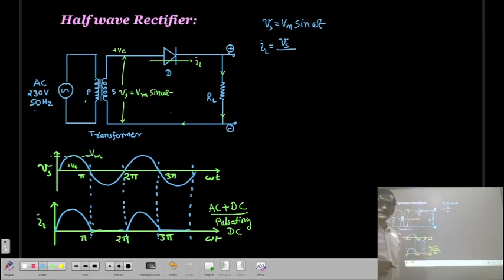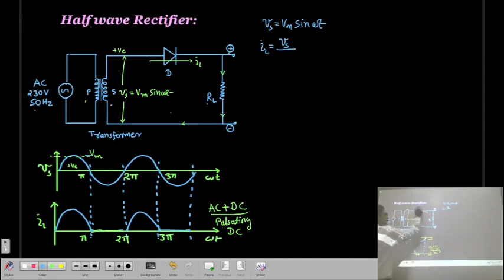But here we have to consider the total resistance of the circuit, because the load current is not flowing only in the load resistance RL, but it is also passing through the secondary of the transformer as well as the diode.